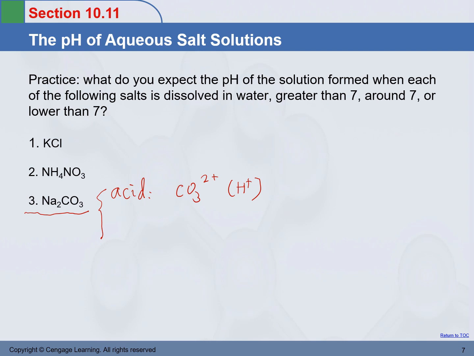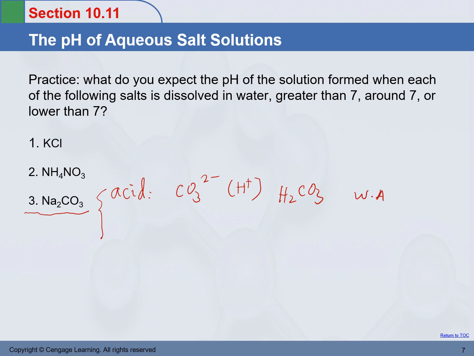The charge of carbonate is too negative. So take the negative ion, keep adding protons to it until it is neutral. It is going to be H2CO3 because carbonate carries 2 negative charges. Proton has only 1 positive. You need 2 protons. It is a weak acid.